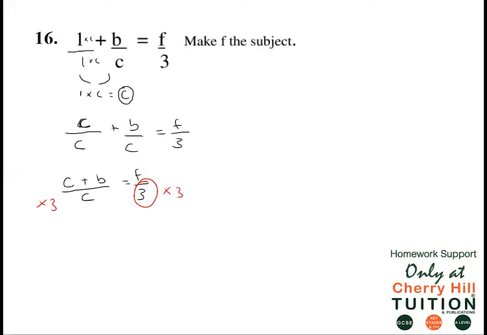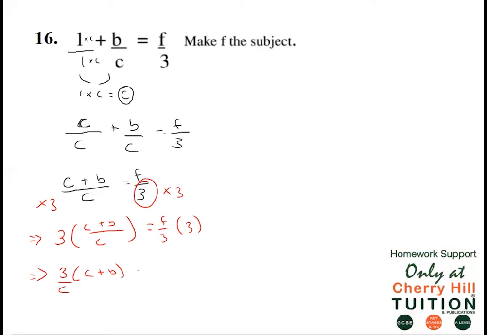This leaves us with 3 multiplied by c plus b over c is equal to f over 3 multiplied by 3. Now on the left-hand side of the equation, we are left with 3 multiplied by c plus b over c.